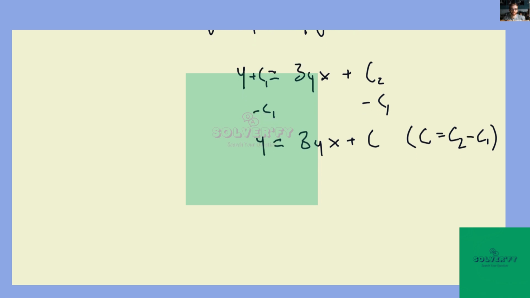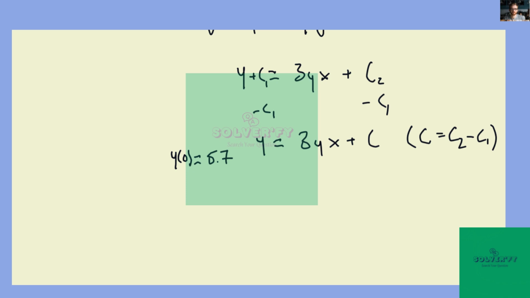Okay, so now we've got y is equal to 3 times y times x plus our arbitrary constant c. And it's at this point that if we so desire, we could find our constant. To do this, we would just take our information that y of 0 equals 5.7.